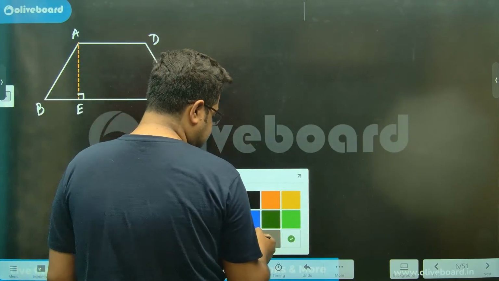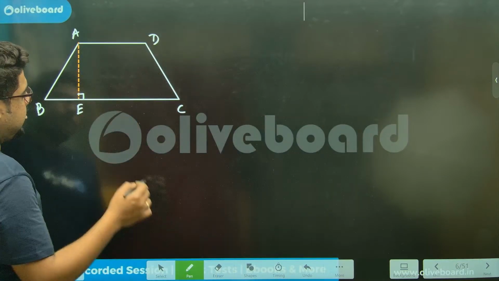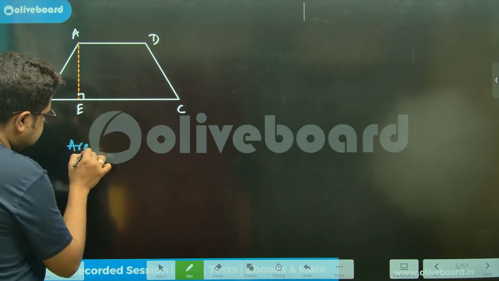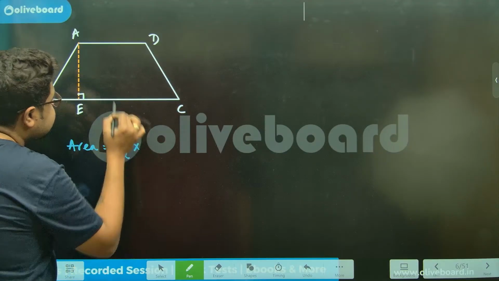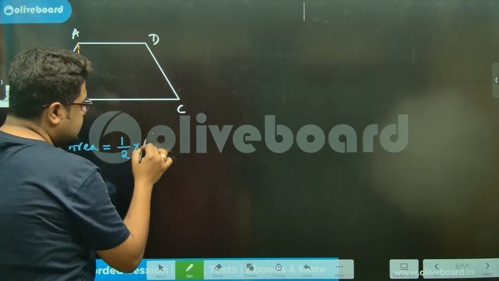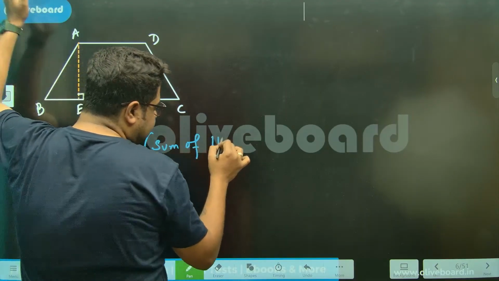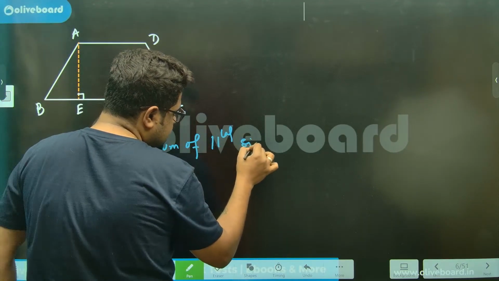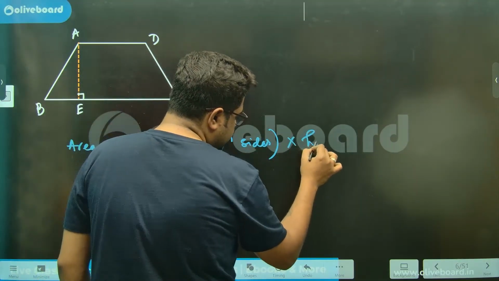Remember one simple thing here: at the end of the day, the area of this trapezium will always be half into the sum of the parallel sides, into height.